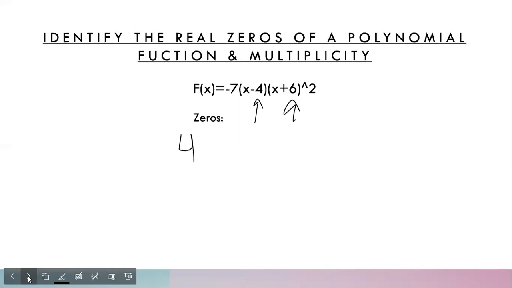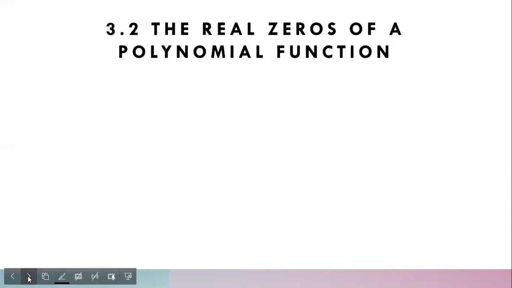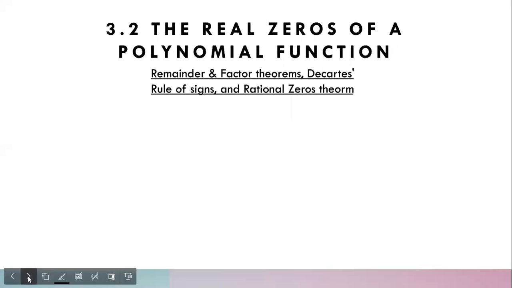So we have 4 and -6. However, because our -6 is grouped with the x and is raised to the second power, we know that it has a multiplicity of 2.